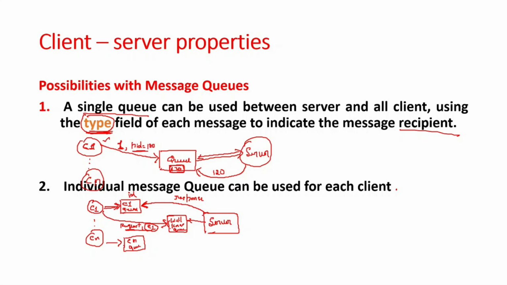Instead of that, we can use a FIFO, because we all know that using a message queue is much costlier than using a FIFO. So this is the major problem with the second technique, having an individual message queue for each and every client. We can rather go with the first one, where a single queue can be used for multiple client-server communication.